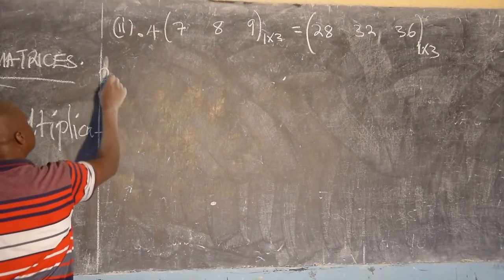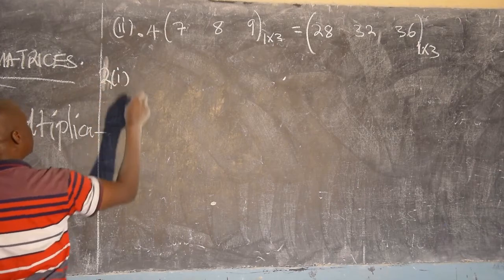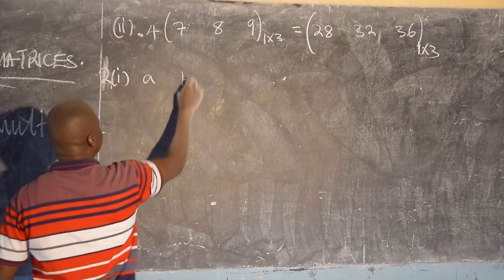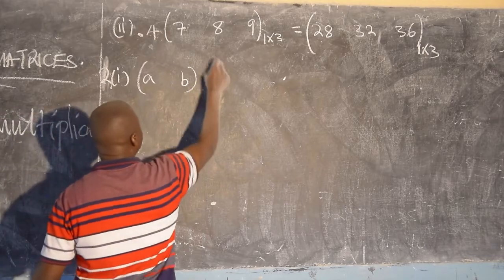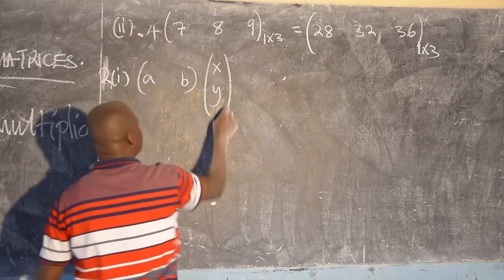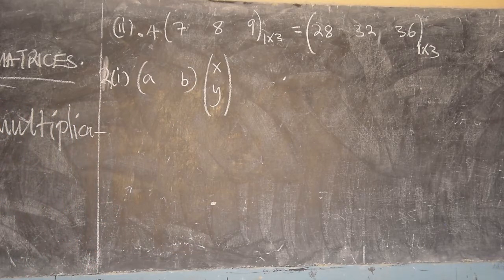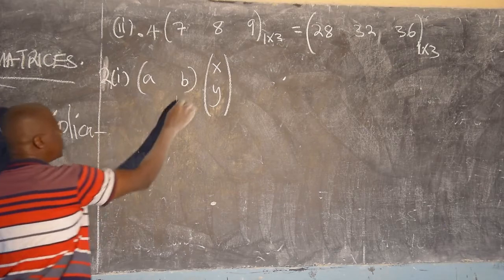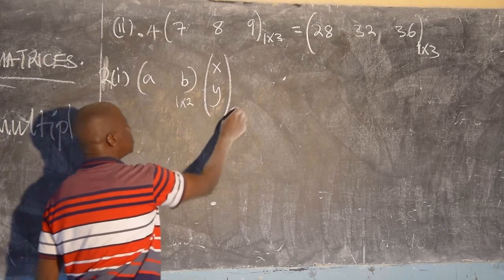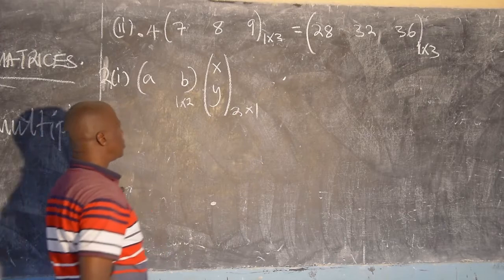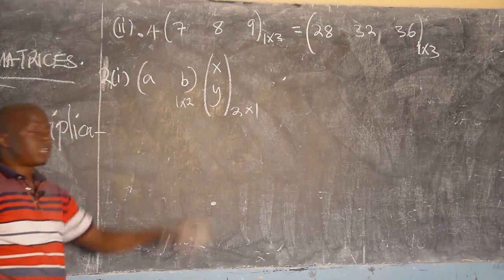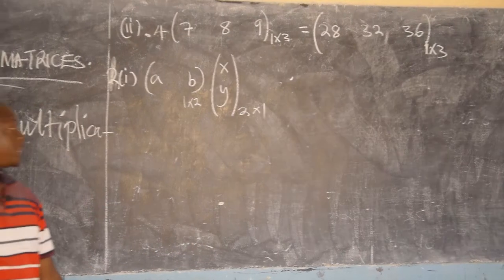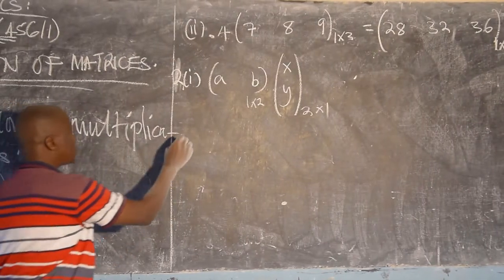Let us have another case here. That is number 2. Number 1, we have AB, then XY. In that arrangement, this is a 1 by 2, and this is a 2 by 1. We see that this is similar to that. We can multiply and we get the answer.